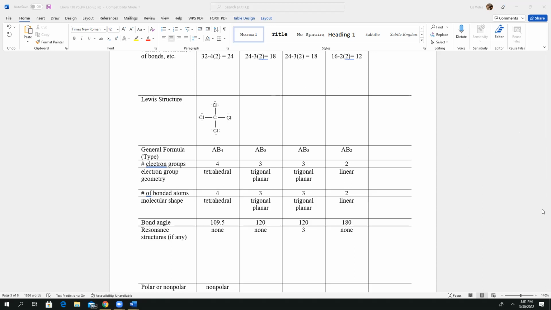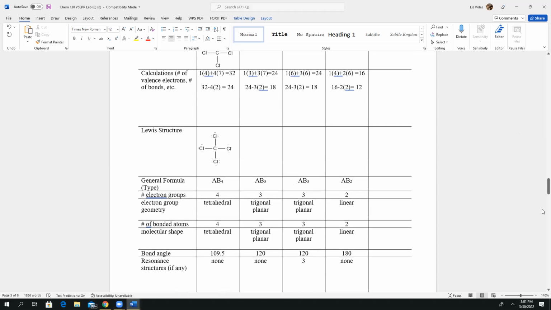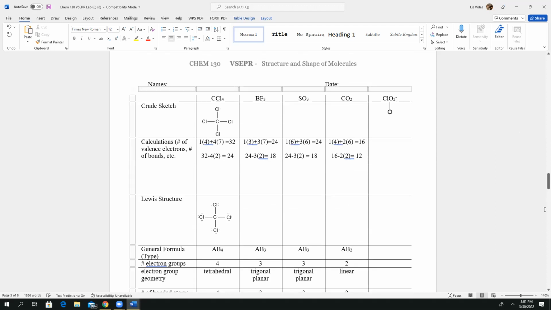On this one, we have one more to do, and then we'll be done with this part. Okay, the next one is ClO2. So math first. We have 1 chlorine in group 7 plus we have 2 oxygens in group 6. 1 plus 7, 12 plus 7 is 19, right?